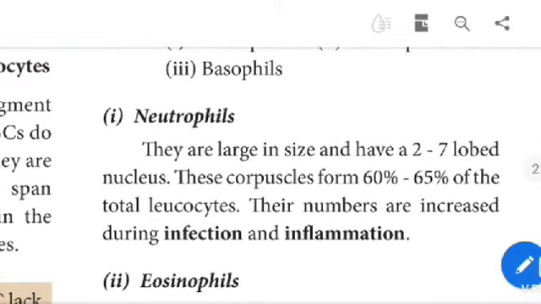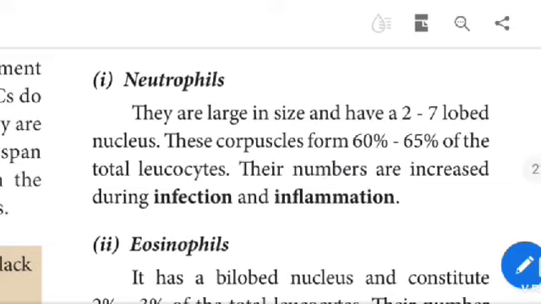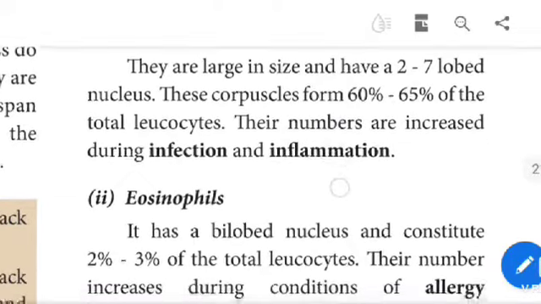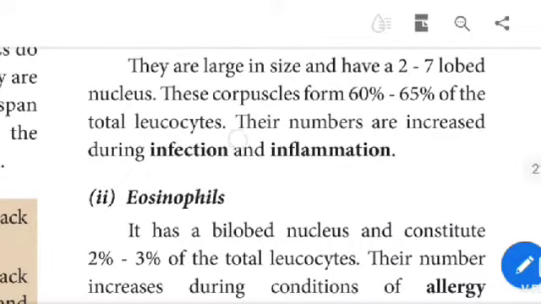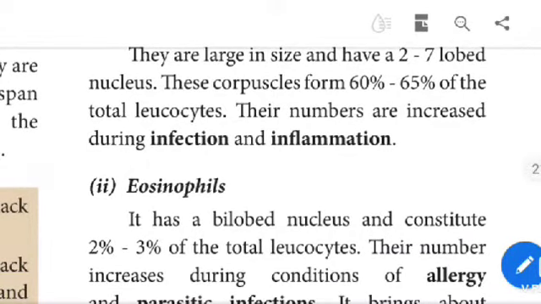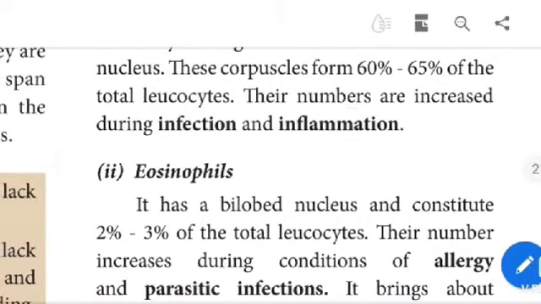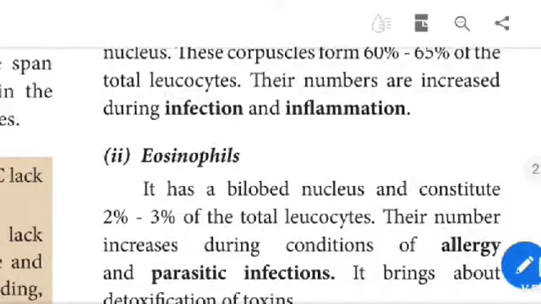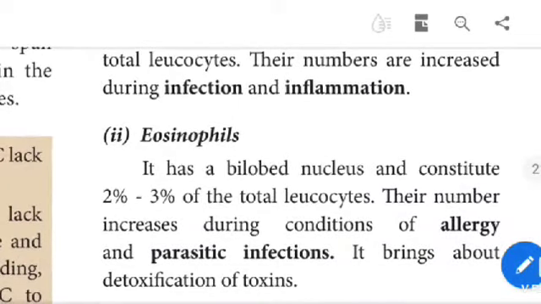Neutrophils are large in size and have a 2 to 7 lobed nucleus. These corpuscles form 60 to 65% of the total leukocytes. Their number is increased during infection and inflammation.